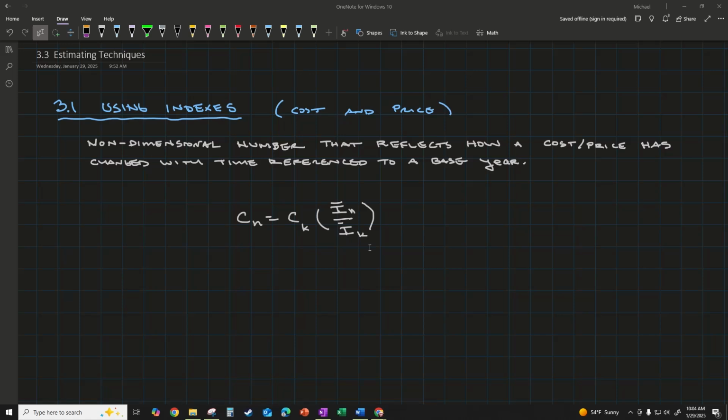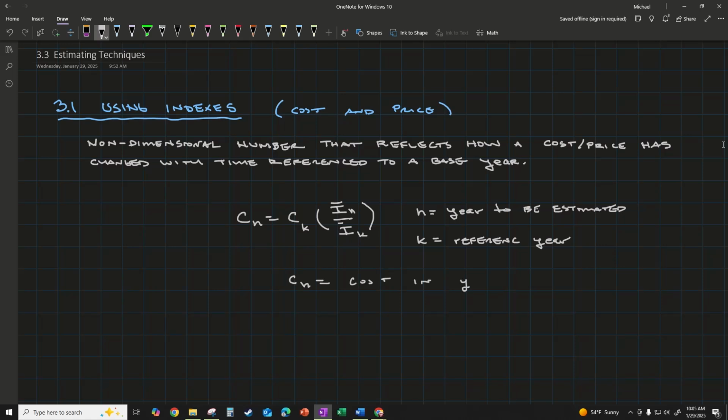So K represents the reference state. C sub n is the cost in year n that you're interested in, and C sub k was the cost in the reference year k.